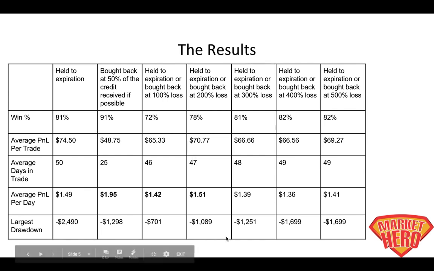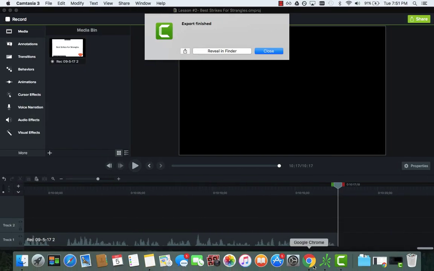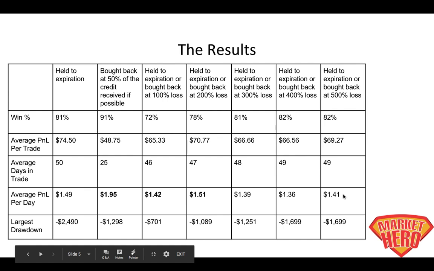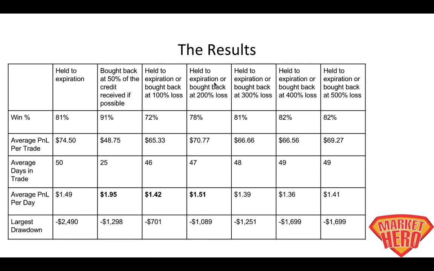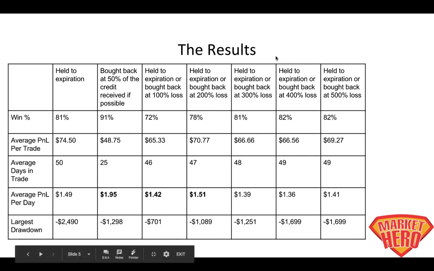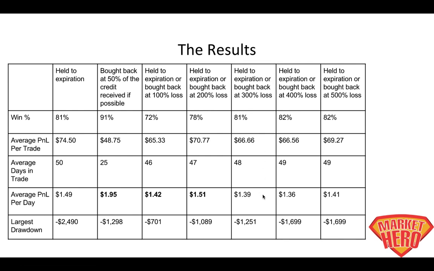However, our largest drawdowns are also getting a little bit larger because when we actually realize that drawdown, it's really, really big. So if we do it at 200%, we make about $1.51 per day, and our largest loss is $1,000. At 300%, we make about $1.39 per day, and our largest loss is about $1,200.